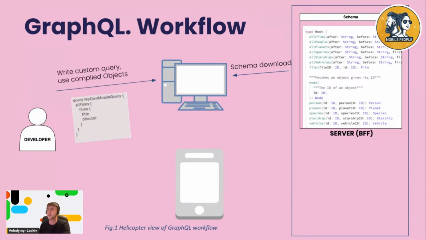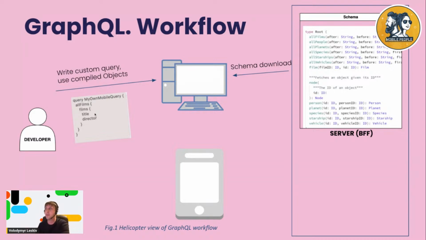At this point, the developer can start using these objects from the schema and start to create some queries, for instance. If we want to request something from the server, then we have the schema and we can start writing queries. Here the developer has a bit of an inconvenience: the developer needs to write the query by himself or just copy paste it.